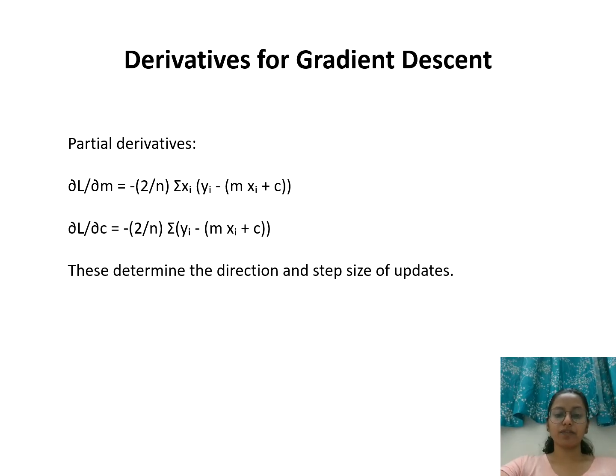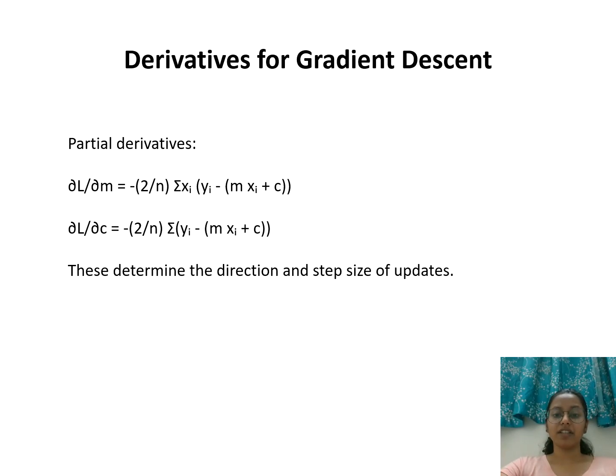Mathematically, we calculate the following partial derivatives as shown on the screen. These derivatives show the direction and magnitude of change in loss for both parameters. If del L by del m is positive, it means increasing m will increase loss, so we move in the opposite direction.